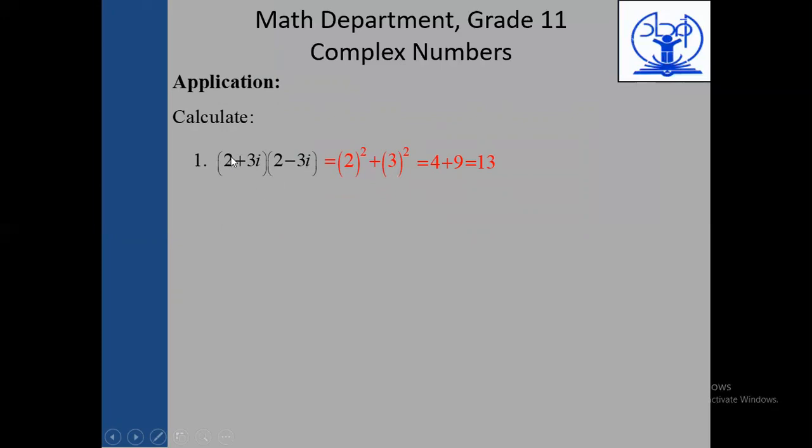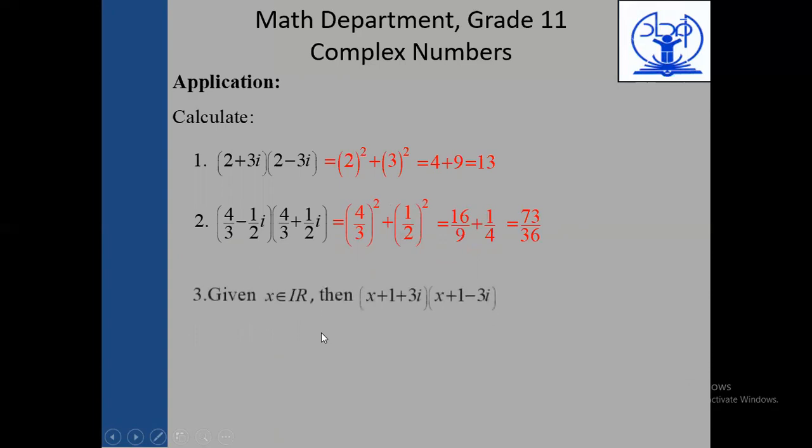If you develop one by one, you will get the same answer for sure. Now, these two complex numbers are conjugates. So the answer is written directly as real part squared plus imaginary part squared, and that's 73 over 36.